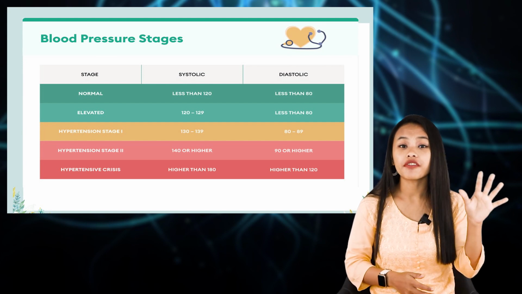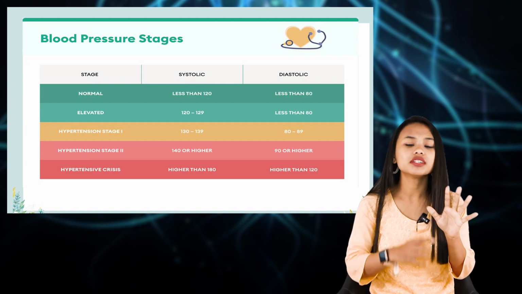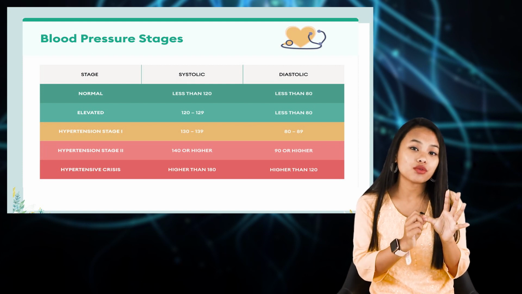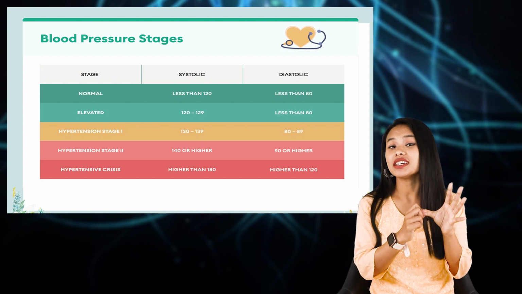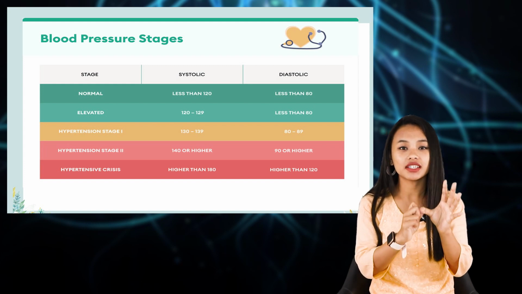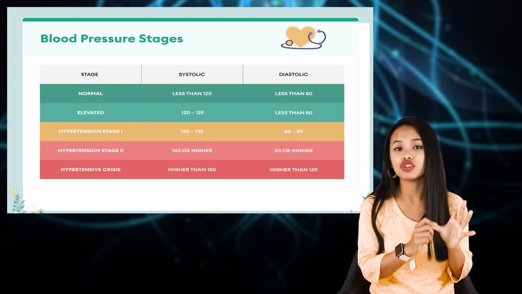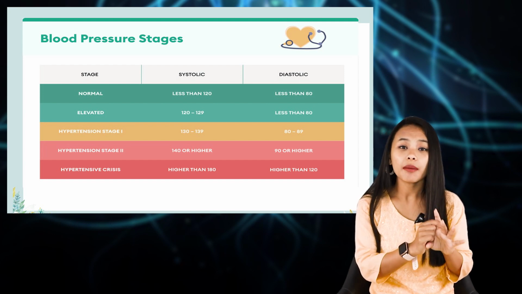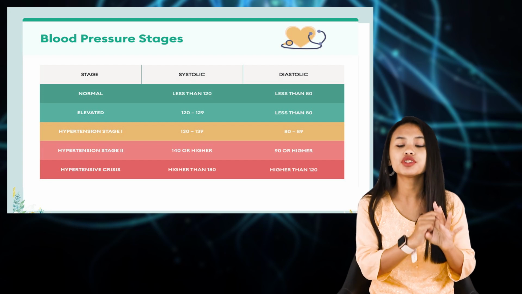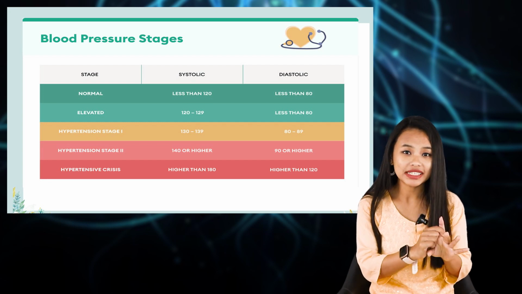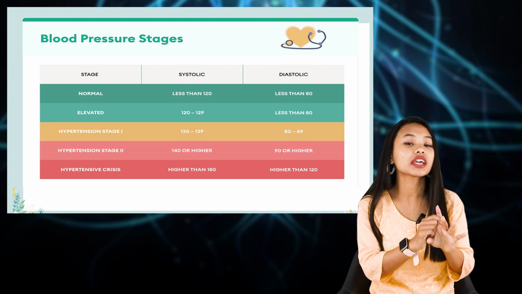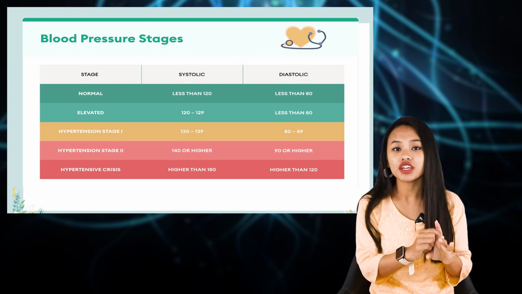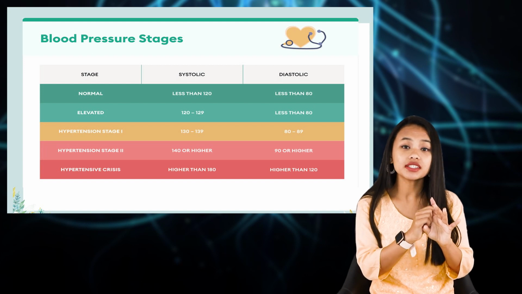So here there are 5 stages. The first one is the normal stage, when the systolic is less than 120 and the diastolic is less than 80. The second one is the elevated stage. Here, if the systolic is between 120 to 129 and the diastolic is less than 80, then it falls on the second stage, the elevated stage.